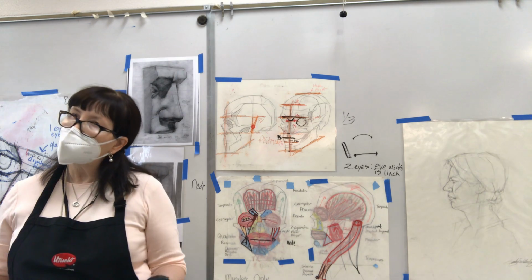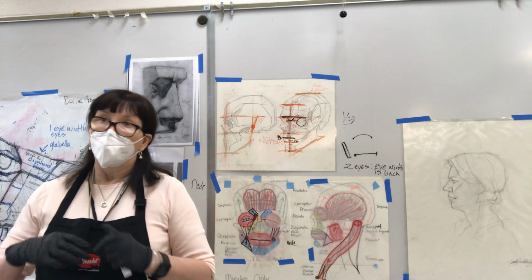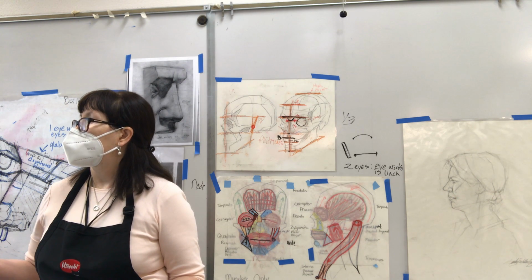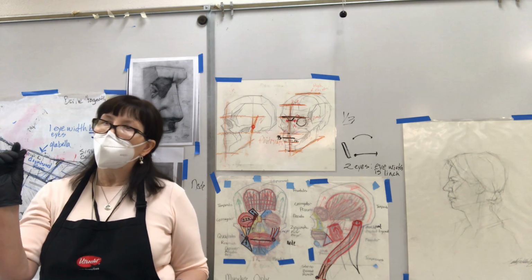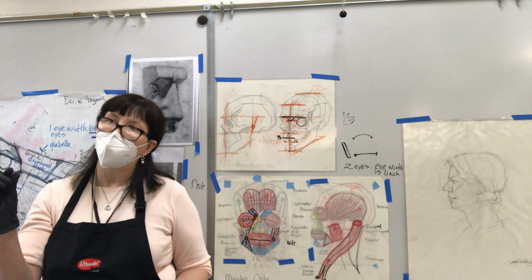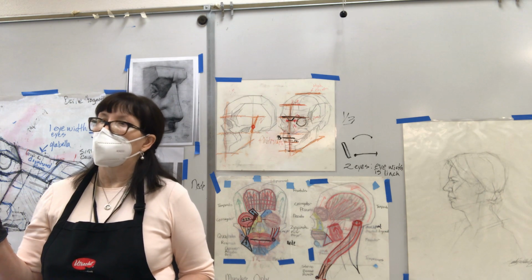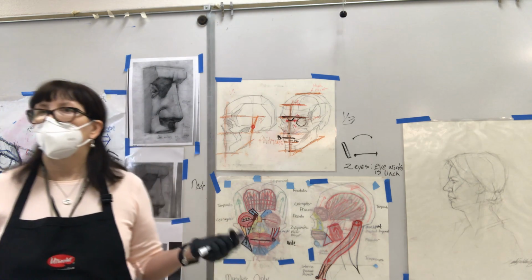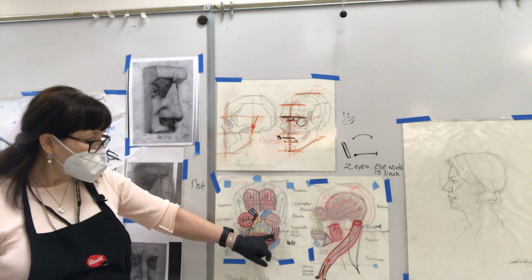And it's surprising how not thick the muscles of the skull are. If you can envision the thickness of a rubber band, that's your zygomatic major and minor. Thin, right? And so those are very thin.